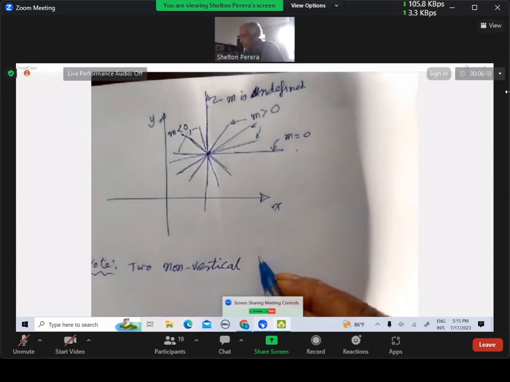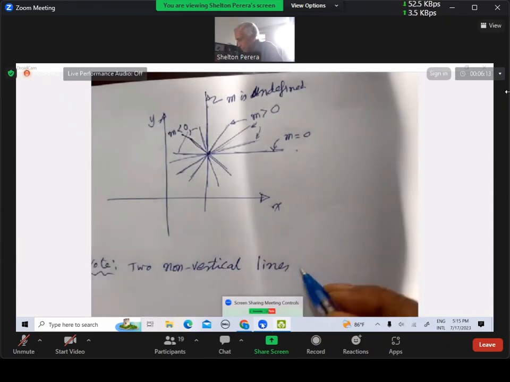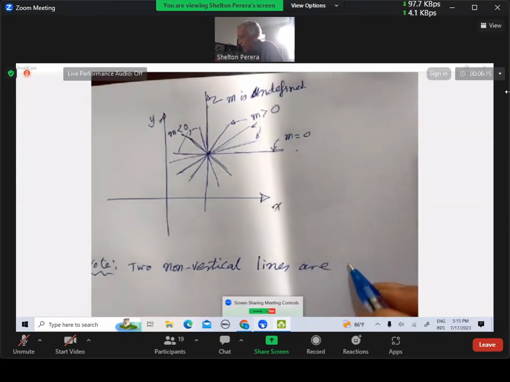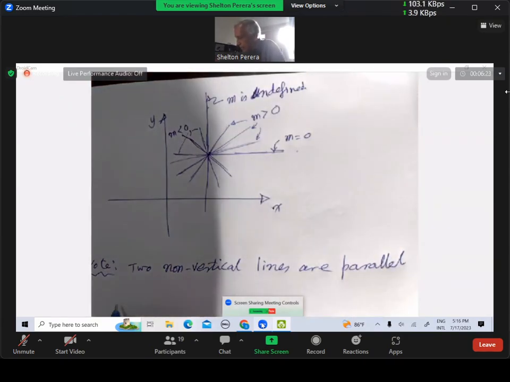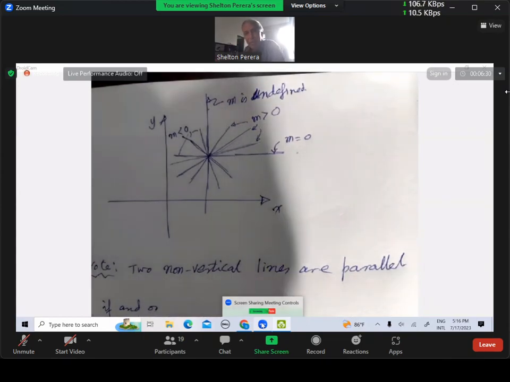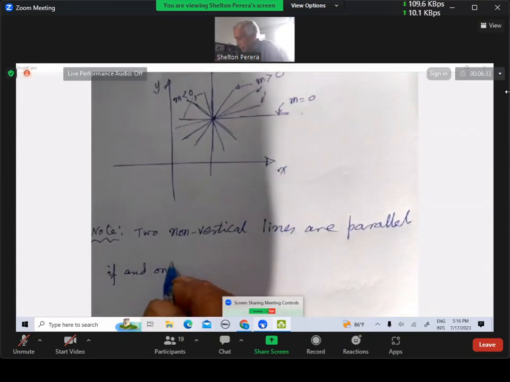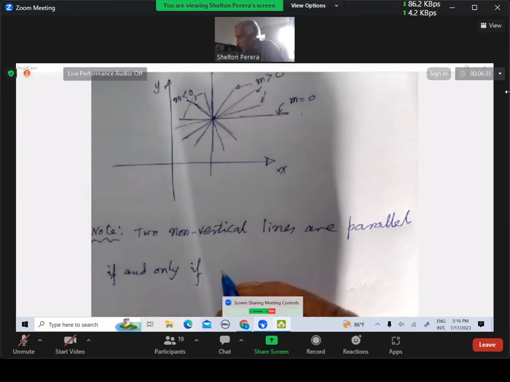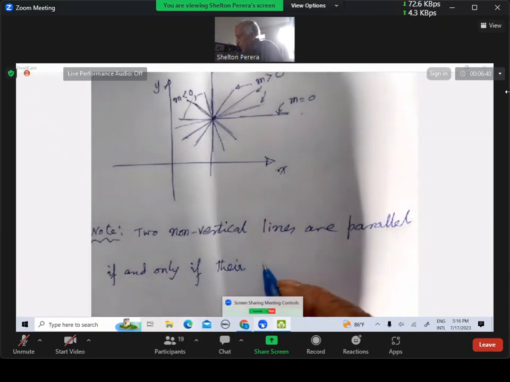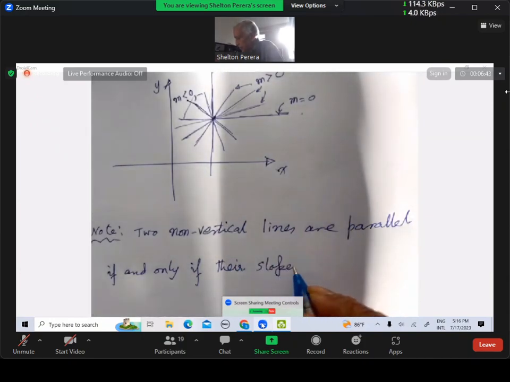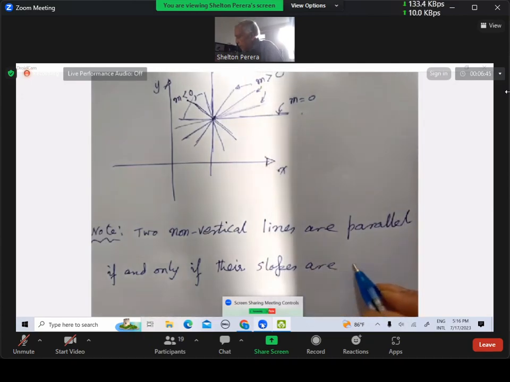Two non-vertical lines are parallel if and only if their slopes are equal.